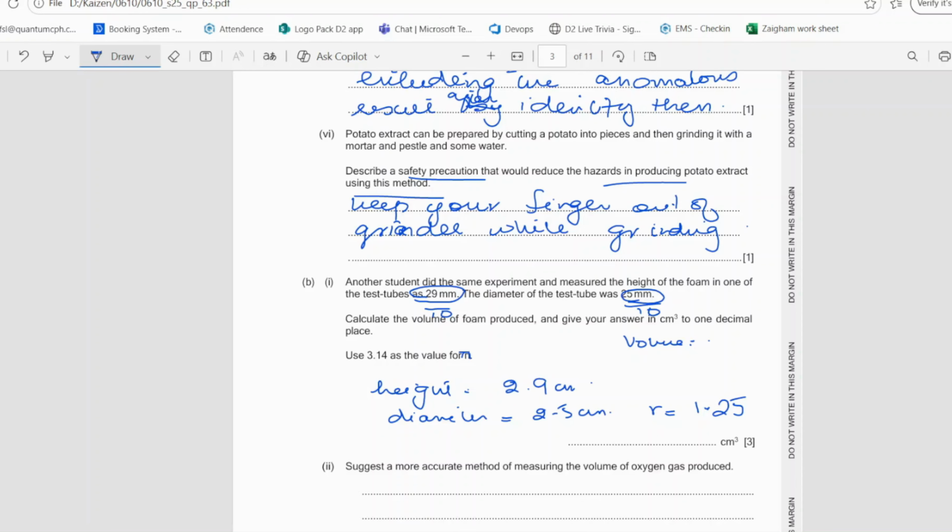Now calculated. Yes, it is 14.2 cubic centimeters. So it would be pi, height, and r squared.